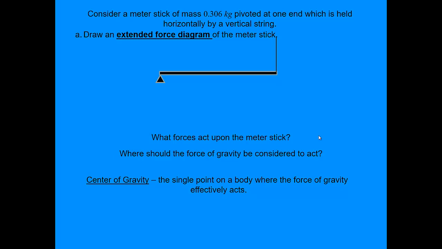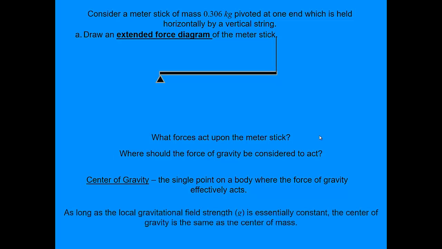Now, unless you're in some pretty strange region of space, the center of mass and the center of gravity are going to be the exact same point on a body. The only way they could be different is if the local gravitational field strength wasn't constant. And for that to happen on Earth would be pretty bizarre.